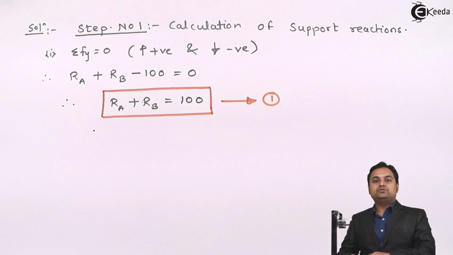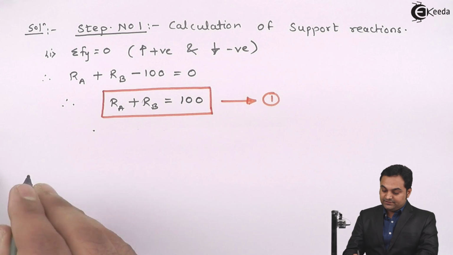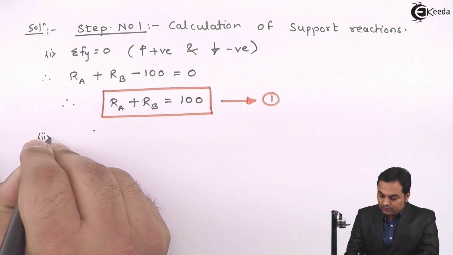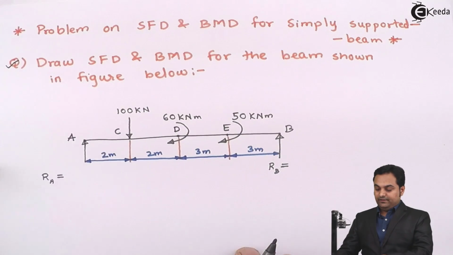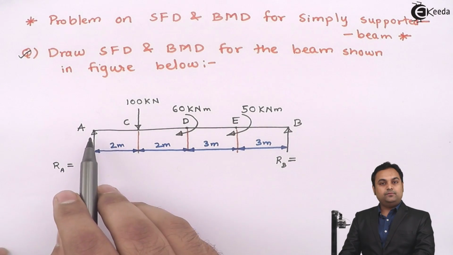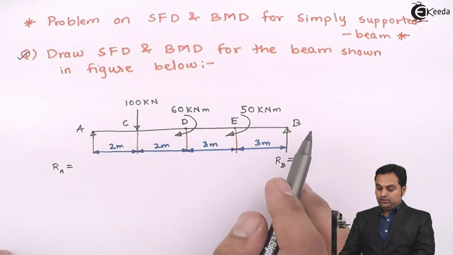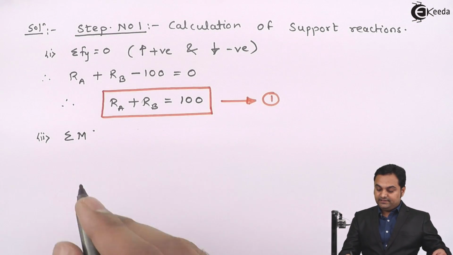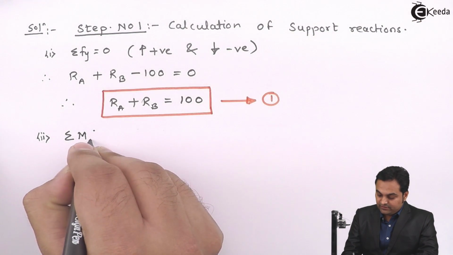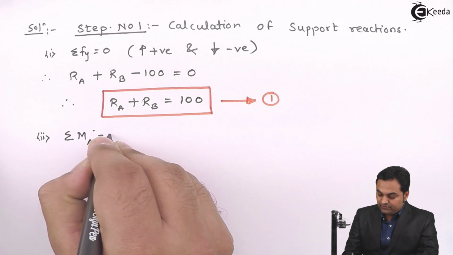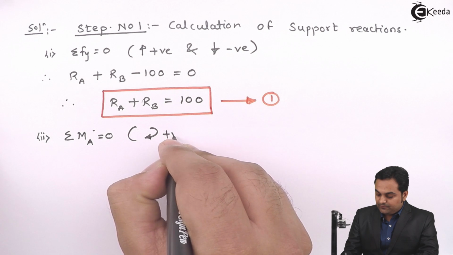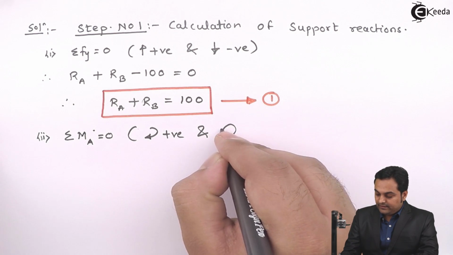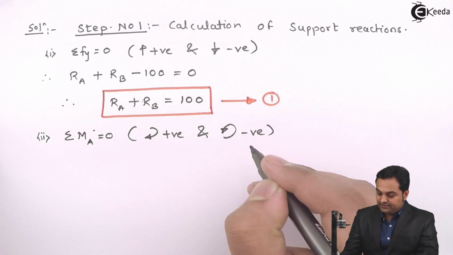Next, I use the second condition of equilibrium, that is summation of moment. Now, while calculating moment, either we can take the moment at point A or at point B. If I am taking the moment at A, that is summation of moment of all forces about point A is equal to 0. Here my convention would be clockwise moment as positive and anti-clockwise moment as negative.